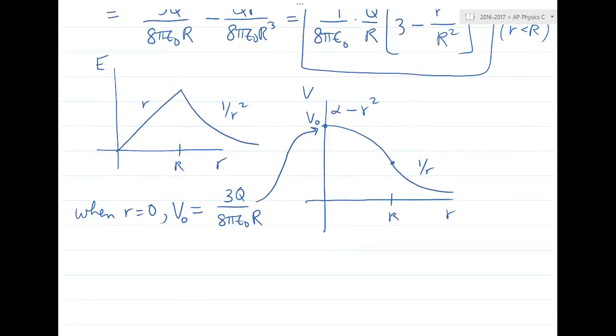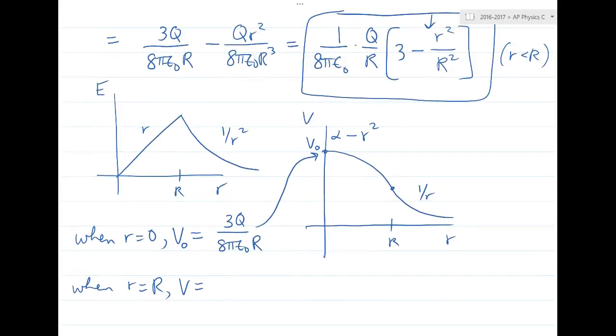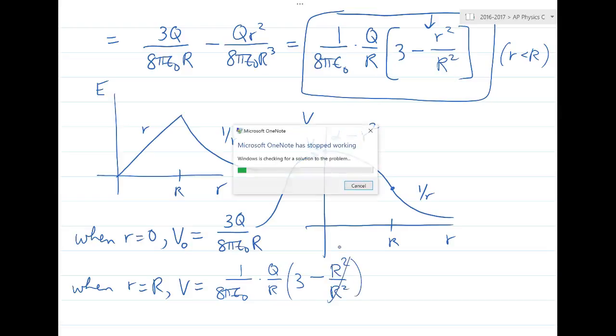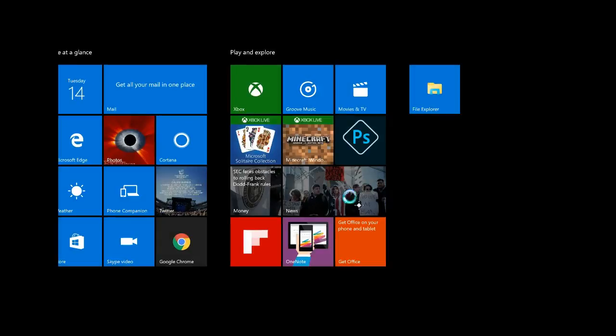Okay? And notice that when little r is equal to big R, V is equal to, ready for this, 1 over 8 pi epsilon naught times Q over R times 3 minus big R squared over big R squared, which is 1, and OneNote has stopped working.